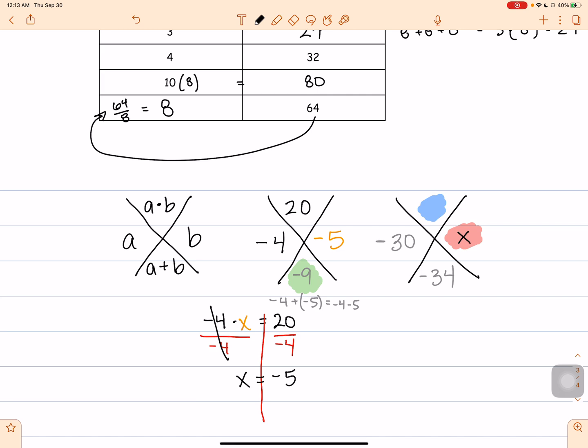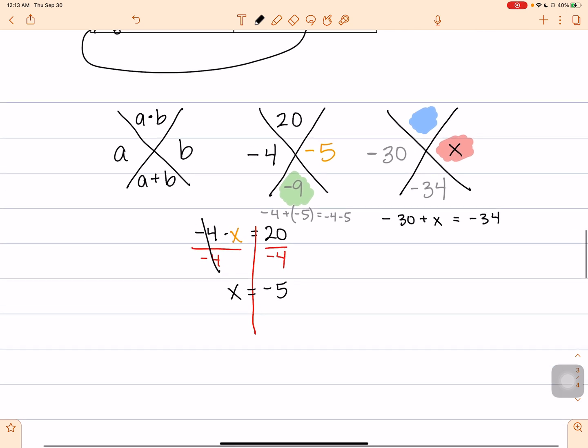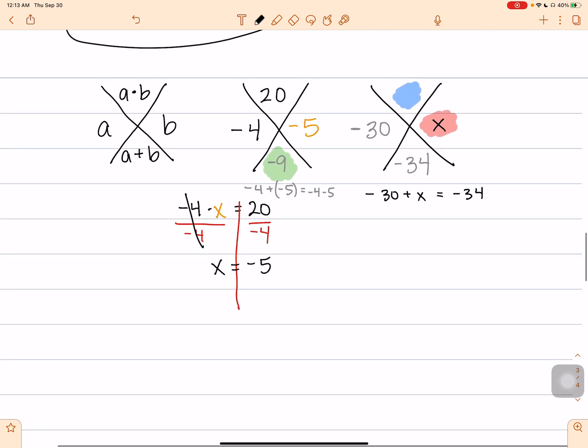So what this tells me is that -30 plus X should equal -34. You might have also written this as X plus -30 should equal -34, and that's fine. You can just rewrite that as X minus 30 equals -34. I'll show you that we'll do the same thing either way.